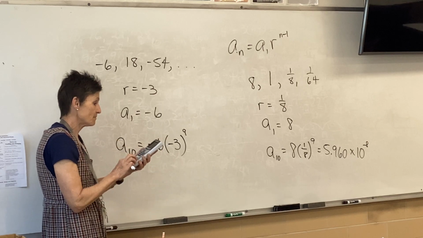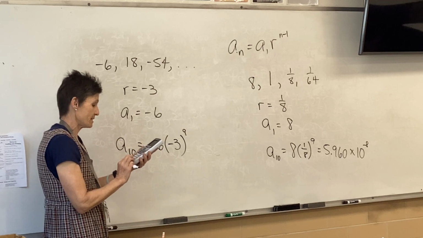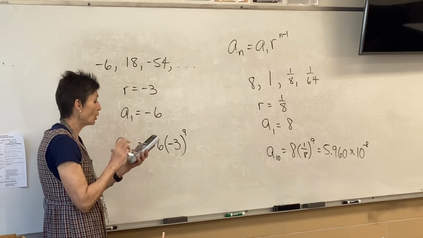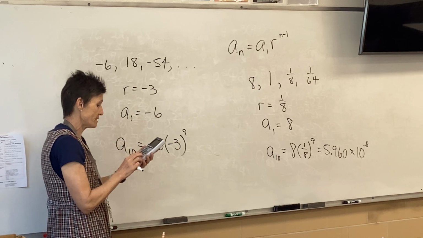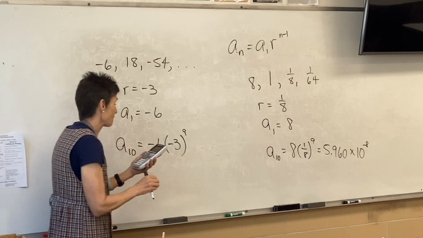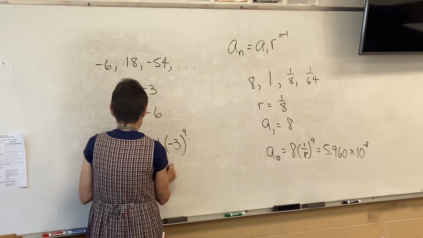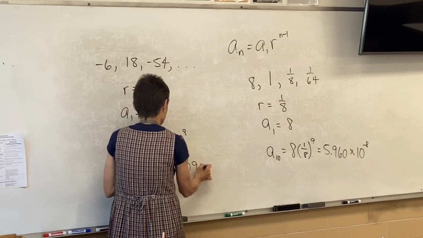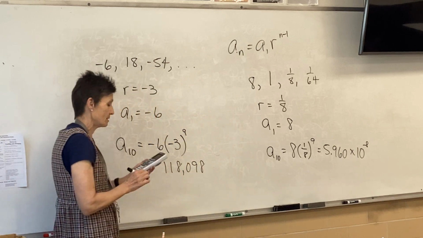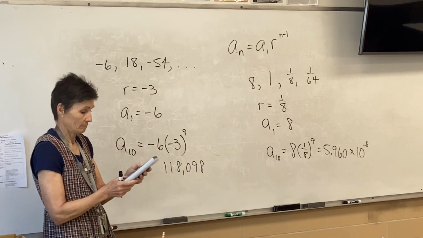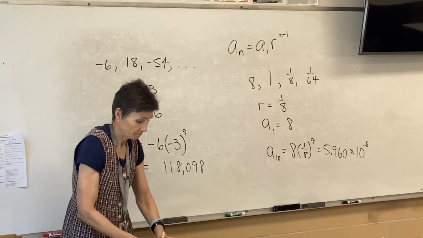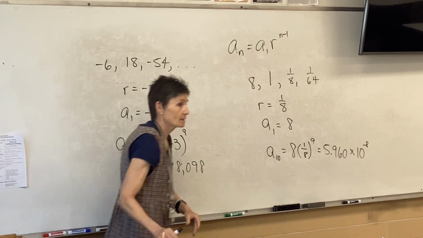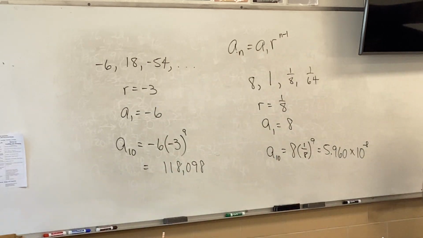So -6 parentheses, -3, close parentheses, raised to the 9th power. I got 118,098. Is that what you got? Okay.